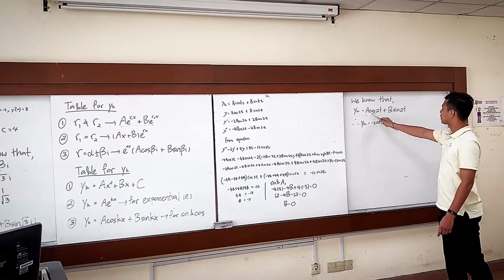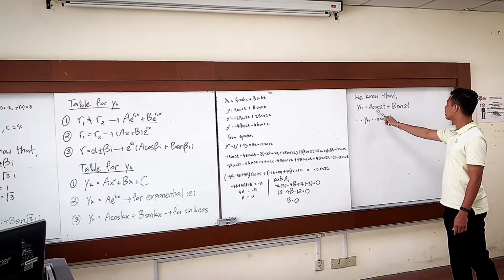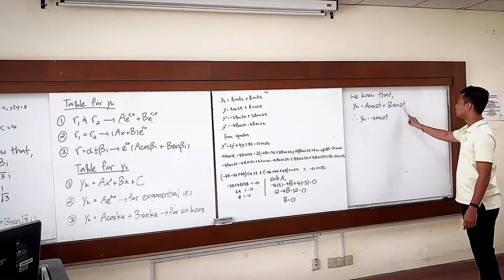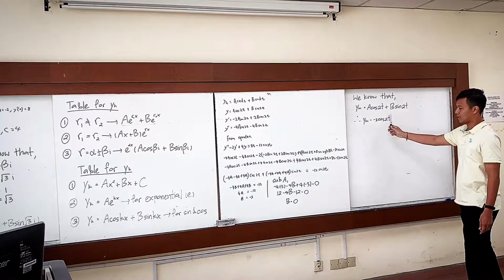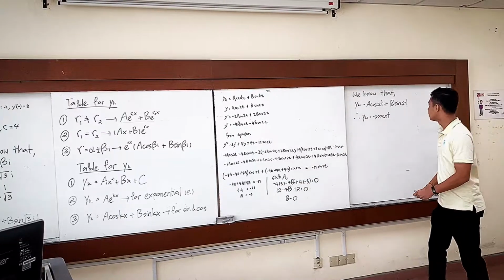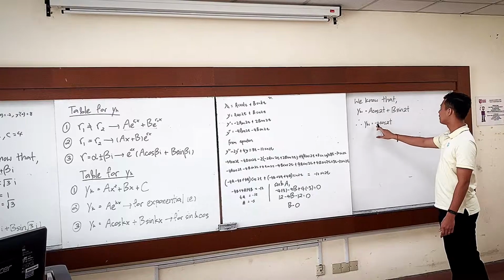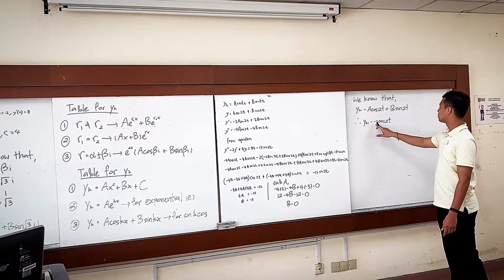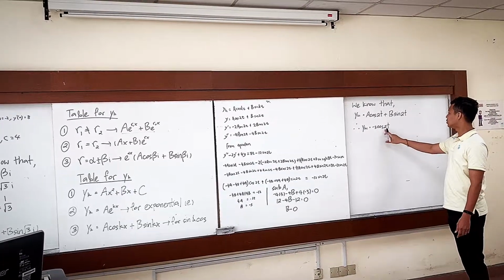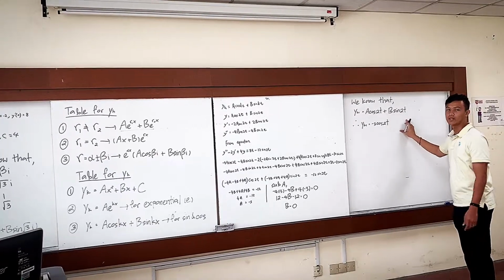We know that YK1 is equal to a cos 2t plus b sine 2t. So a is negative 3 and b is 0, so YK1 equals negative 3 cos 2t, and the b term is all 0, so we don't need to write it here.